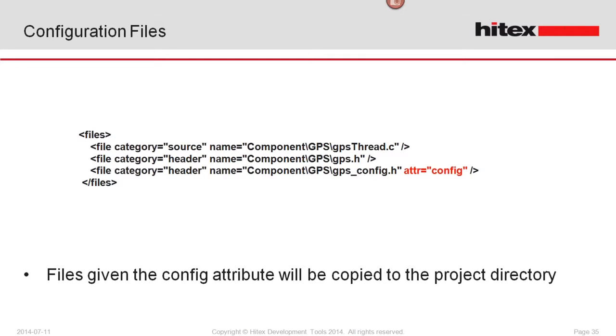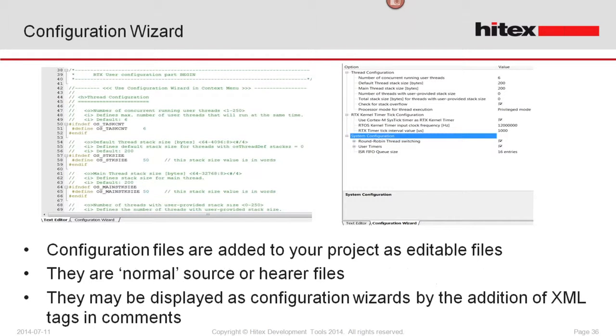Now, I mentioned earlier that we have our header file which has this configuration attribute. So this will add the file to our project, but these configuration files can also be coded up with XML tags that make them easier to view and more intuitive to configure. So really these files are just C source code, so it's possible to view them in a normal text editor and edit them.